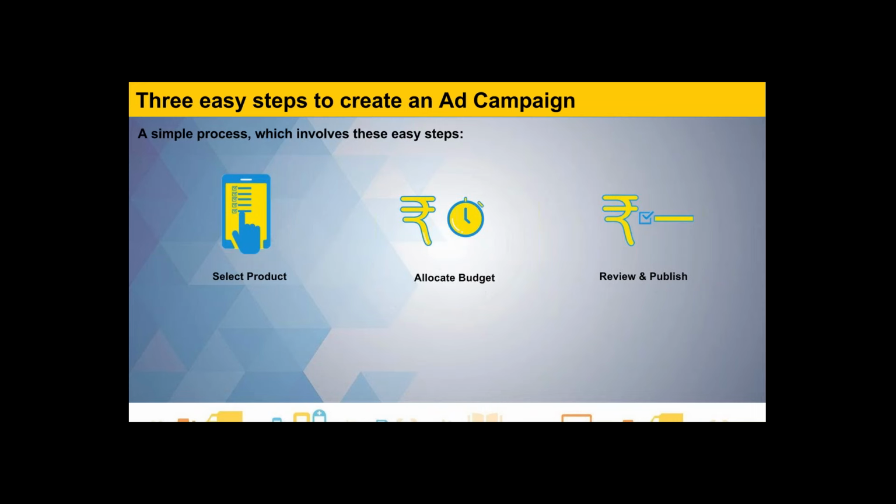The 3 simple steps to create an ad campaign: select products, allocate budget, review and publish. Before we begin, it's always good to have a clear objective as to why you're creating this particular campaign. Could be for the winter collection, weekend sale, or the Big Billion Day.